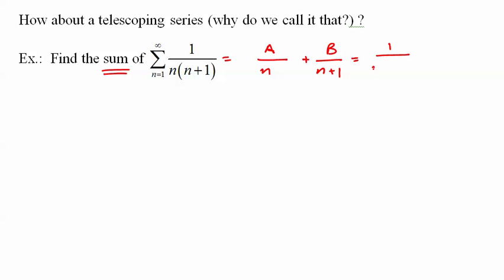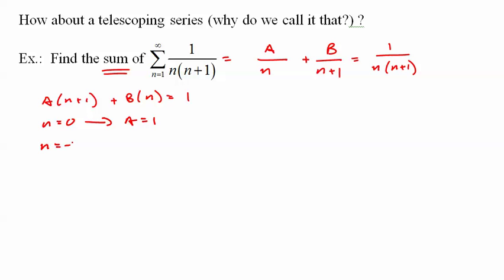This is going to equal A over n plus B over n plus 1. So you have to do all this nonsense: A times n plus 1 plus B times n equals 1. Let's put in n equals 0, A equals 1; n equals negative 1, B equals negative 1.